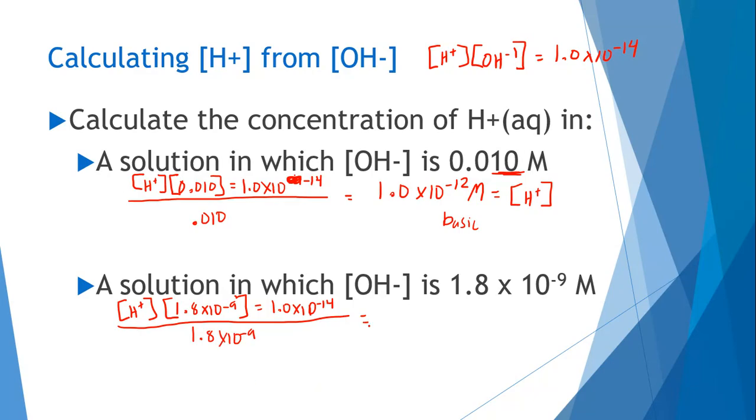And when you solve for this, you will get 5.6 times 10 to the negative 6th. Again, I'm going to use 2 sig figs because I have 2 sig figs here. And I'm going to make sure that I put molarity, my unit, on there as well because we are finding concentration.